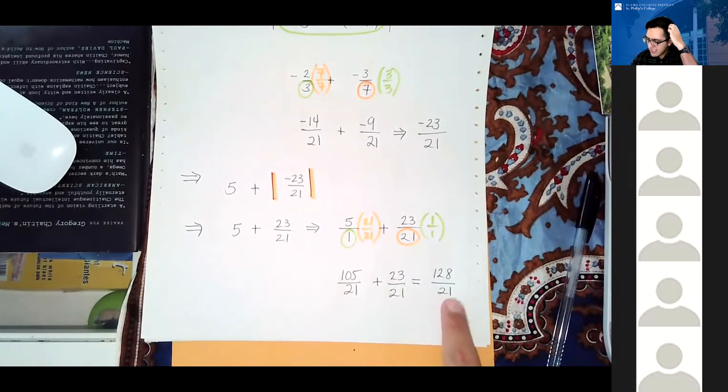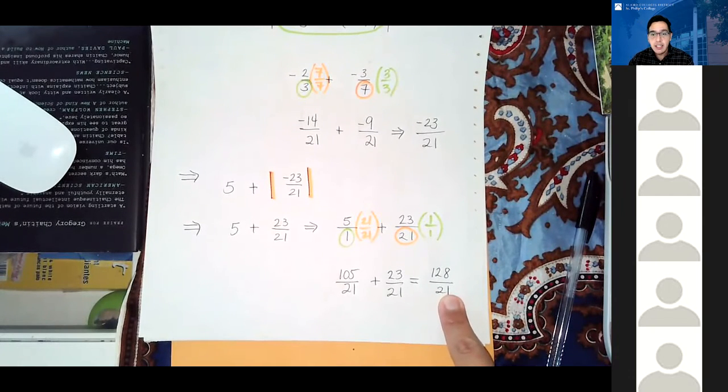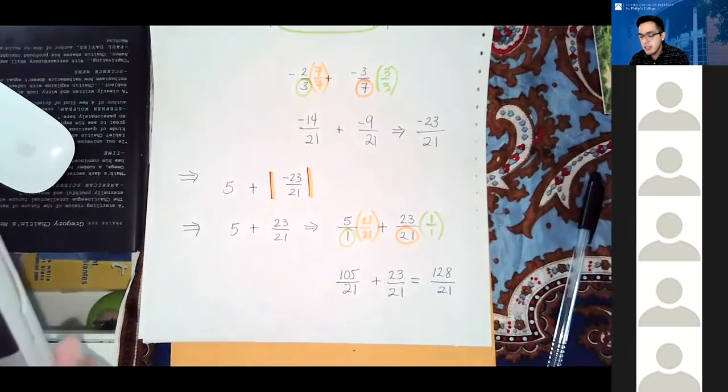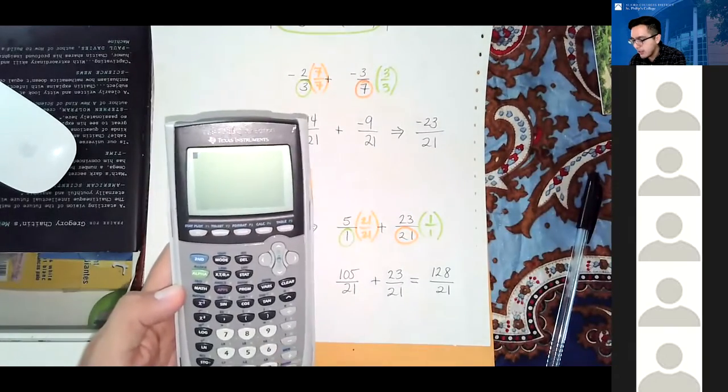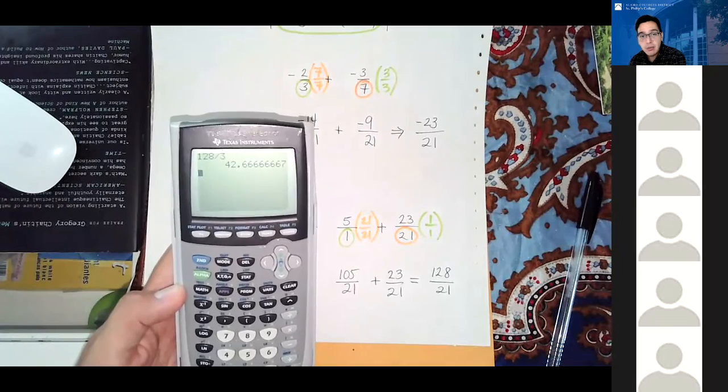And then we have to see if this can be simplified. So in my head, 21 is 7 times 3. So I just need to check to see if 128 is divisible by either 7 or 3, or both. So I'm just going to take my calculator and quickly divide this by 3. That didn't work.